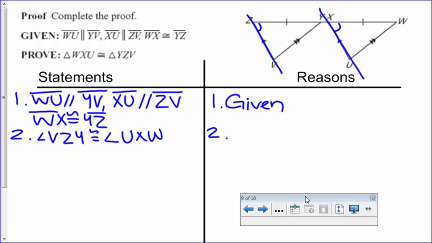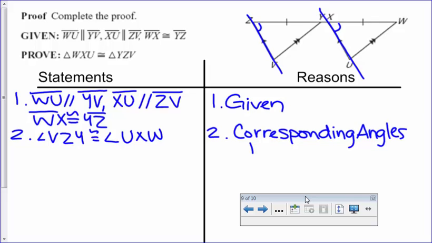Since it's parallel, it's an angle reason, and these are corresponding angles. Or the corresponding angles theorem. I'm running out of room, so I'm just going to put corresponding angles theorem. All right, so that was this part of the given.